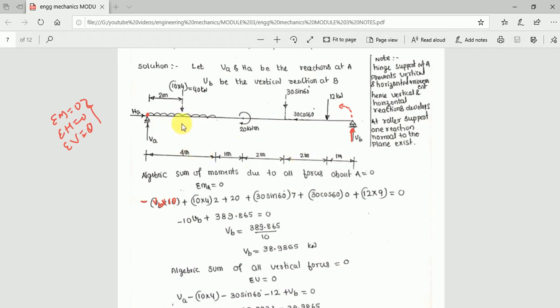Then the 12 kilonewton is acting in the downward direction. It will tend to rotate this beam in the clockwise direction. This end is fixed. So what is the perpendicular distance from here to here? 4 plus 1 plus 2, that is 4 plus 1 is 5, plus 2 is 7, plus 2 is 9 meters. Force into perpendicular distance will give me the moment here, and this moment is clockwise.